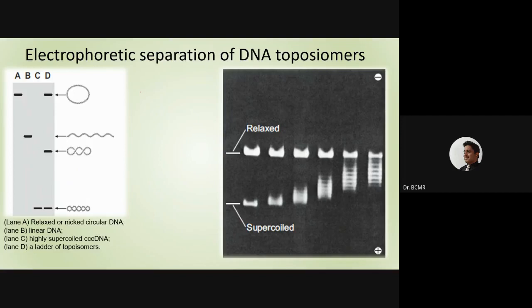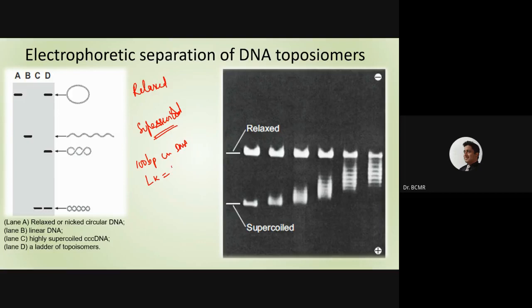I wanted to tell you about what is relaxed and what is supercoiled. When we talk about linking number, say for example there is a 100 base pair circular DNA, what should its linking number be?